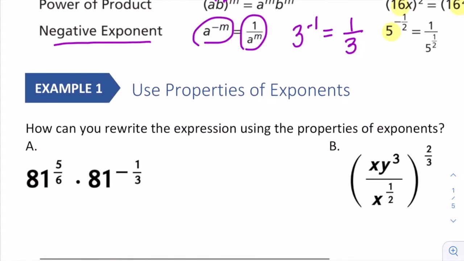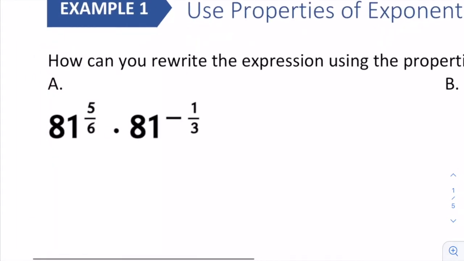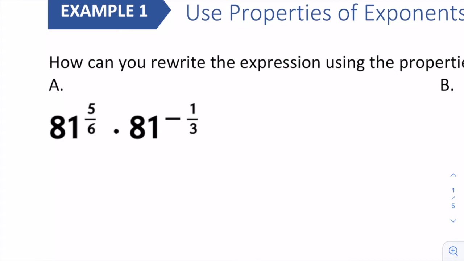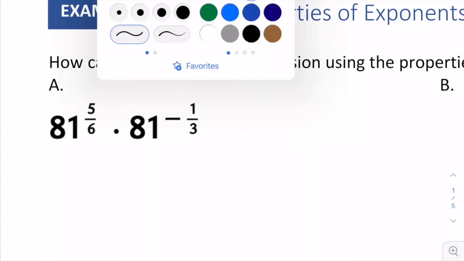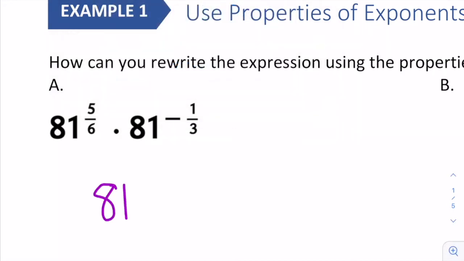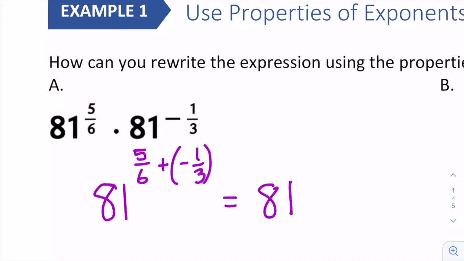Okay, let's do some practice with these. So again, here for a, we have the same base. Now remember, when they have the same base and they're being multiplied, we can add the exponents together. So we'll still have the same base, 81, and then we'll have 5/6 plus negative 1/3. So I'll put 81, and I'll write this as 5/6 minus 2/6.